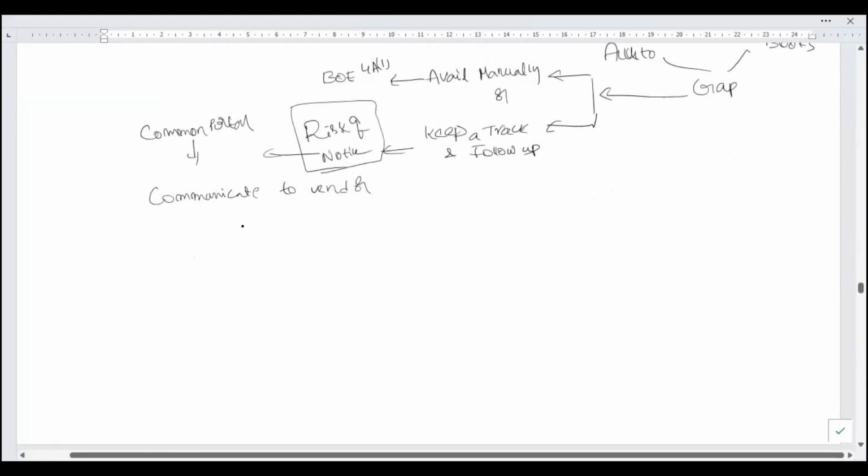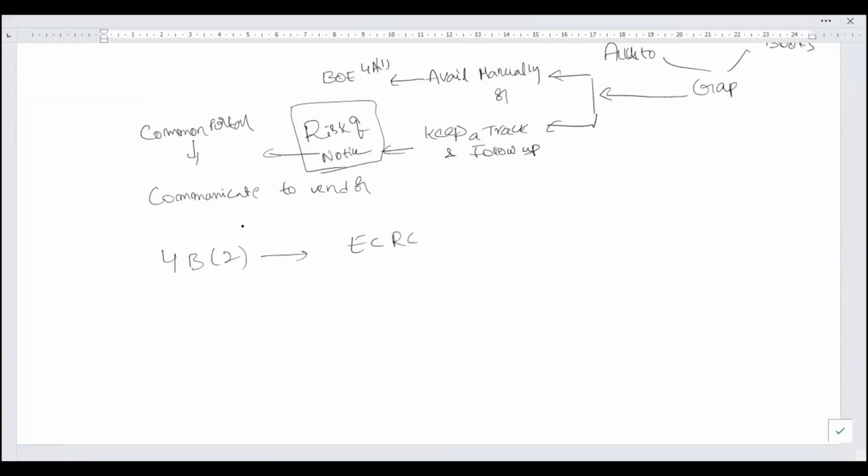Last but not least, 4B2. This is your temporary credit ledger, the electronic credit ledger reclaimable statement. The time limit for re-availment is as per section 16, subsection 4.